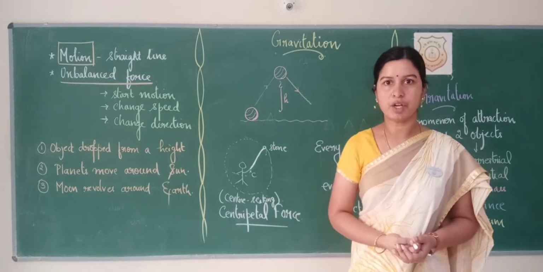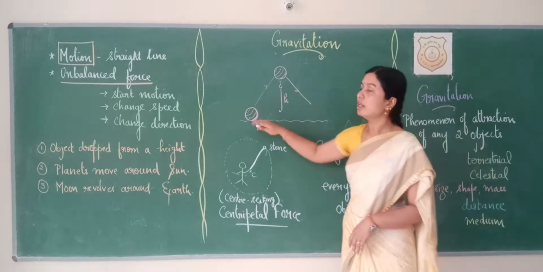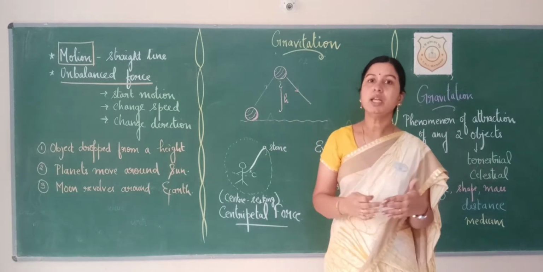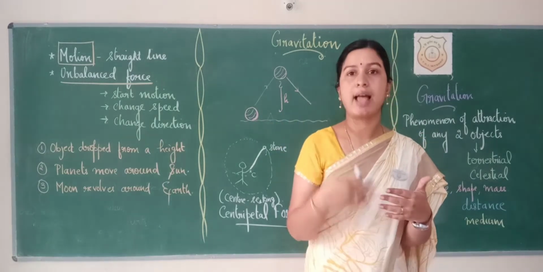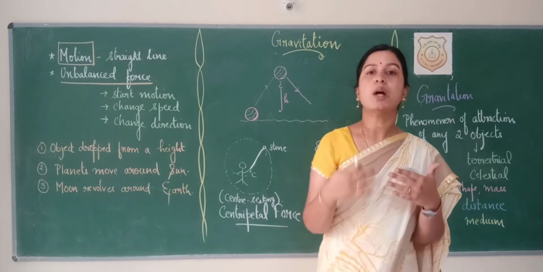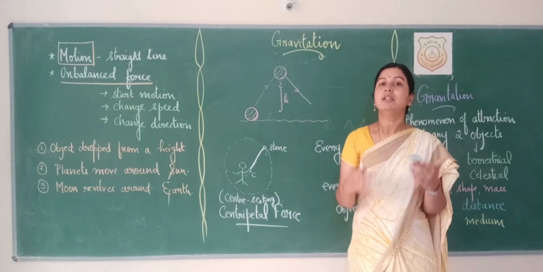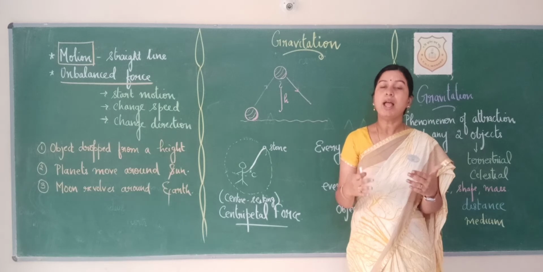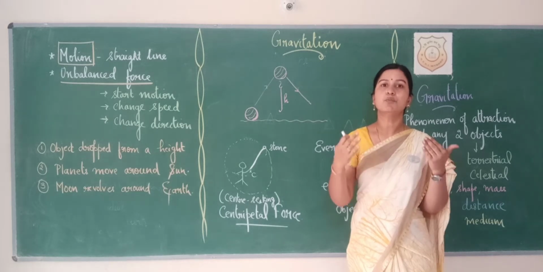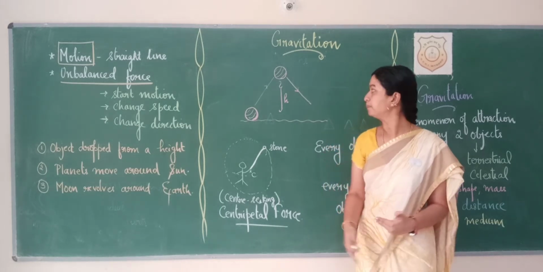This is a common observation. So once the ball is thrown, the velocity keeps on decreasing, so there is an acceleration for that ball, and once it reaches a certain height, the velocity becomes zero, and now the ball starts moving downwards, right?